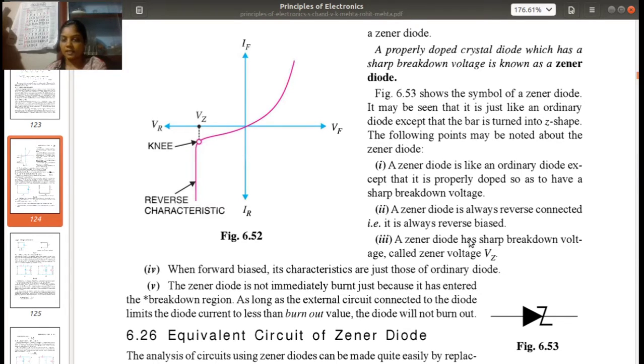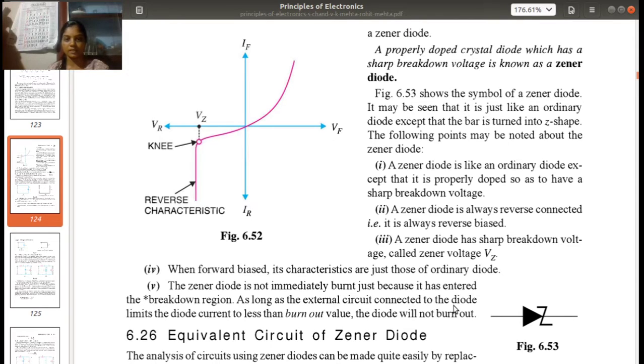It has a sharp breakdown voltage called the Zener breakdown voltage. When forward biased, its characteristics are just those of an ordinary diode. The Zener diode is not immediately burned just because it has entered the breakdown region. As long as the external circuit connected to the diode limits the diode current to less than the burn-out value, the diode will not burn.